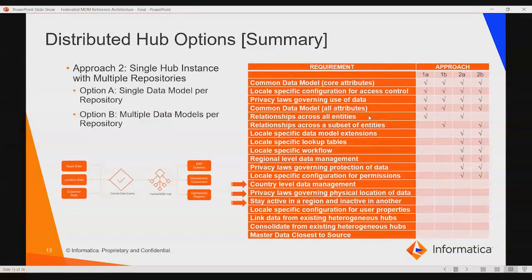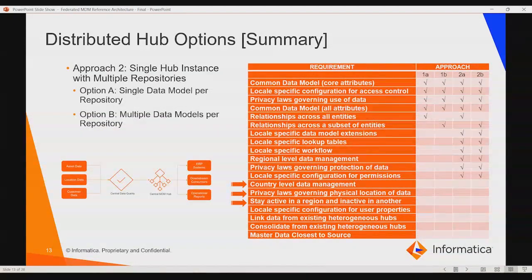Like I was saying, it all boils down to your different use cases and requirements. Now, how would you understand these use cases and requirements? That is what we covered in the first 3 or 4 slides, the considerations for a distributed and synchronized MDM. Based on all those use cases, policies and discussions, you would come to a common consensus and important understanding of which design you should go with.